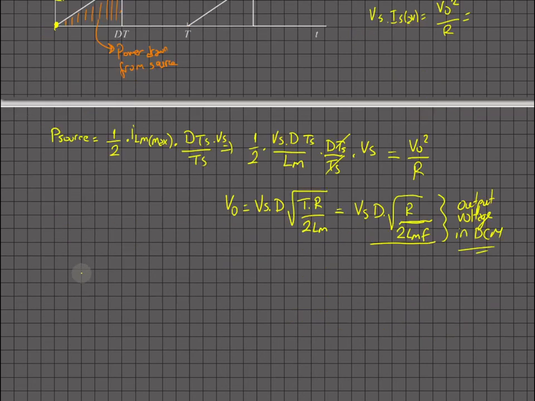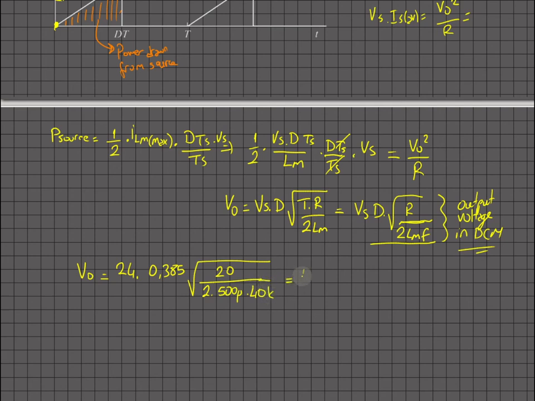Let's have a look at how it changes with the same duty cycle. For our question, let's put in the parameters. Vs is equal to 24, duty cycle is 0.385, square root of resistance 20 over 2 times 500 microhenry times switching frequency of 40 kilohertz.